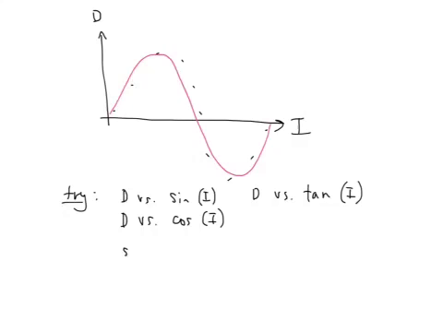Right? You could do sine d, which amounts to d versus arctan, or arcsine. So in Excel, that's what you type. You type a sine equals a sine, and it's just inverse sine. D versus arcsine, like that.